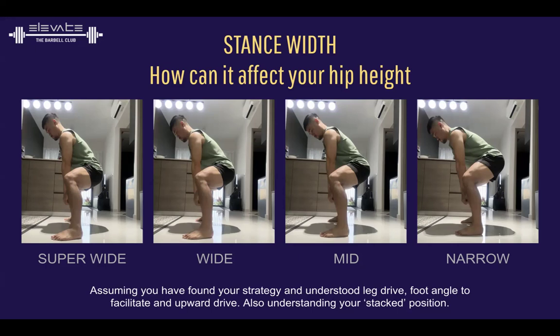The upward drive is always facilitated with the understanding of how you should manipulate your knees when you're wedging in, and also the toe angle, which is the foot angle. Once you understand the toe angle and the knee behavior, now we add on to what we can do to improve the sumo deadlift itself. So specifically today we are talking about the stance.